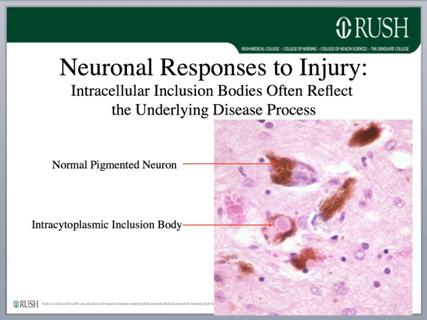So as we go through this course, whenever there is pathology that has these characteristic intracellular inclusion bodies, I'll be sure to point them out because that will be a visual clue as to what the disease process is. These can be either intranuclear or intracytoplasmic. In this case, there's an intracytoplasmic inclusion body.